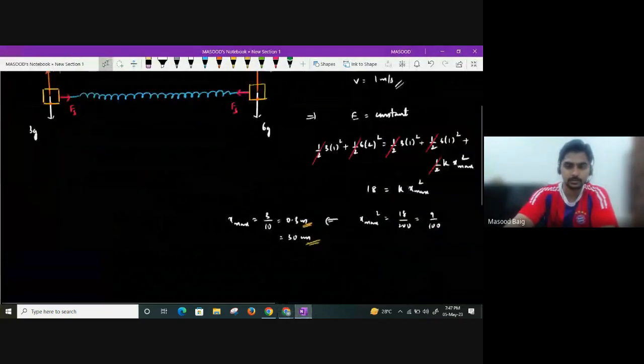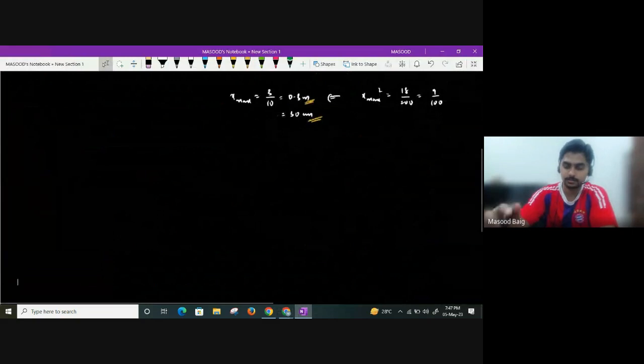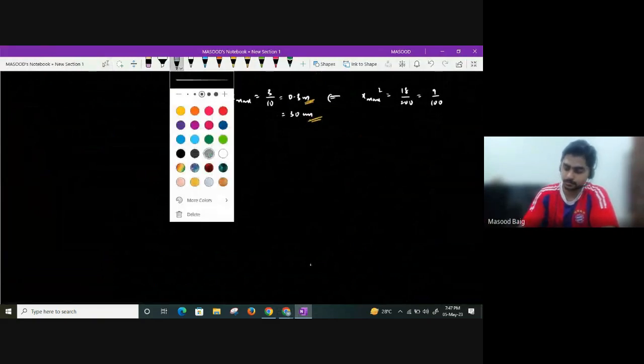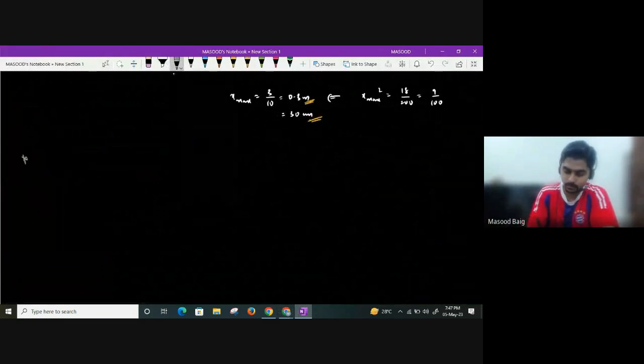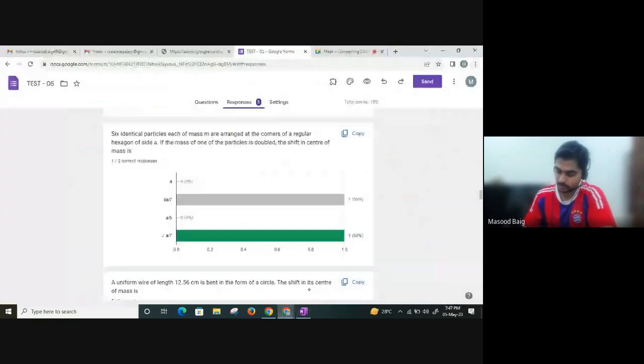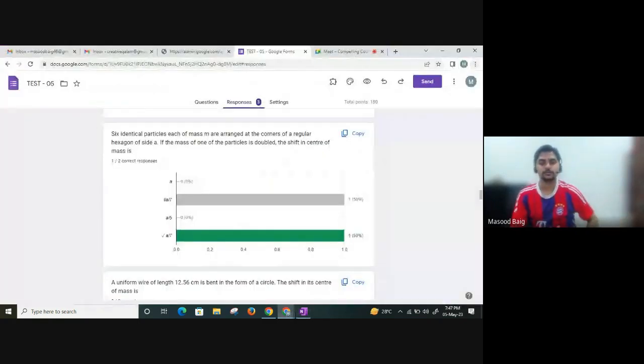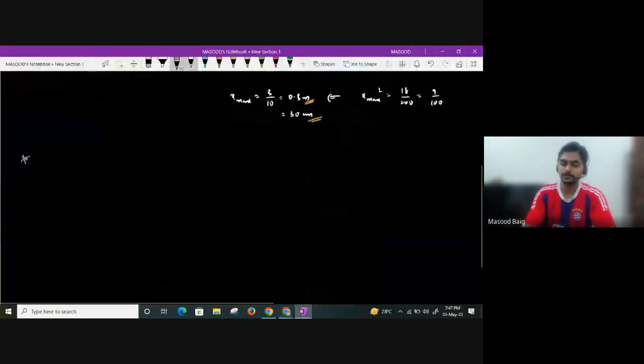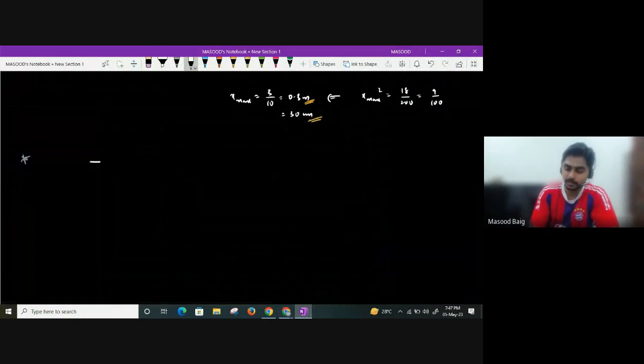So if we just see the situation here, what they have given is 6 identical particles, each of mass m, arranged at the corners of a regular hexagon. If the mass of one of the particles is doubled, then what will be the shift? That is what they are asking. So if I take a regular hexagon over here, are identical masses placed initially?